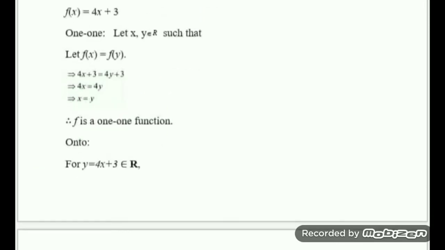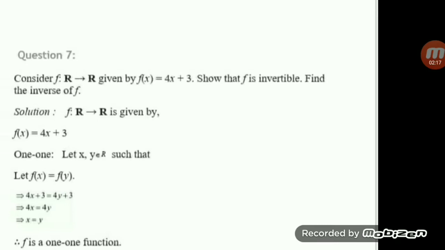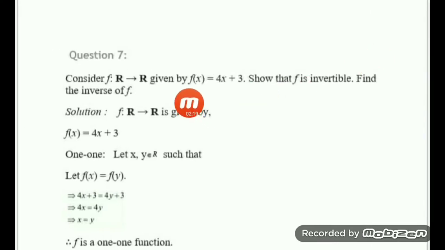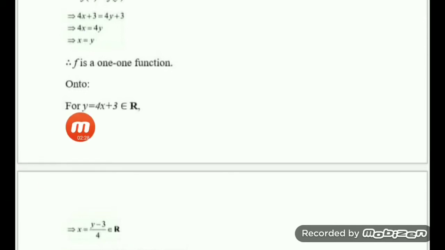Let y be equal to 4x plus 3. As I told you in the earlier cases also, replace f(x) by y.